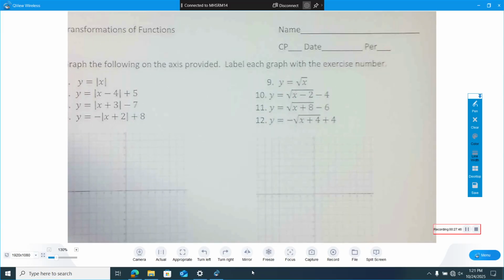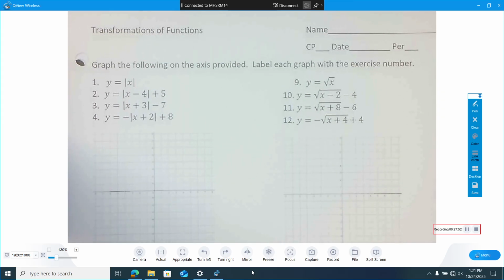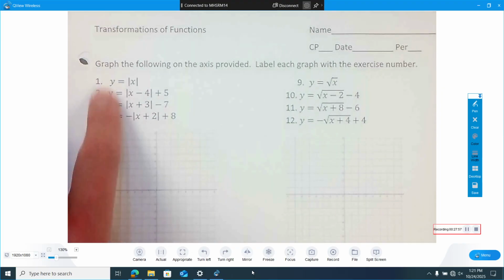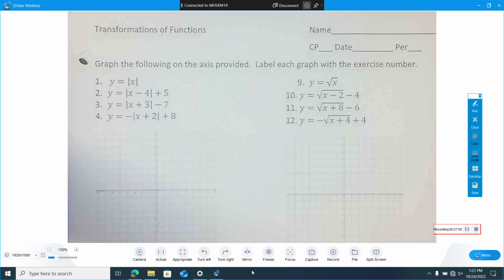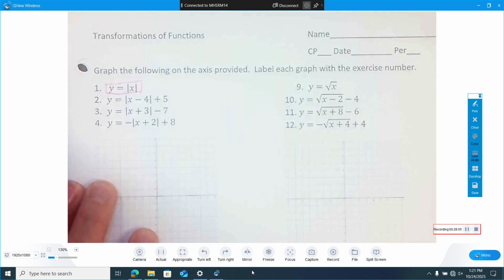So parent functions, we just talked about all the parent functions, and I need you to focus on the really, really important ones. These are three or four very important parent functions. Right off the bat, we have this function. What shape is this function?